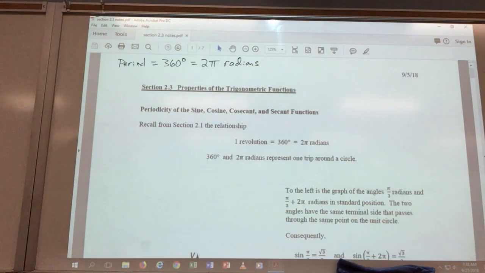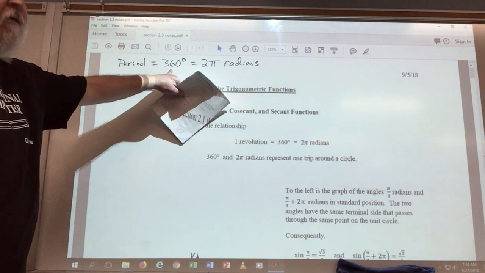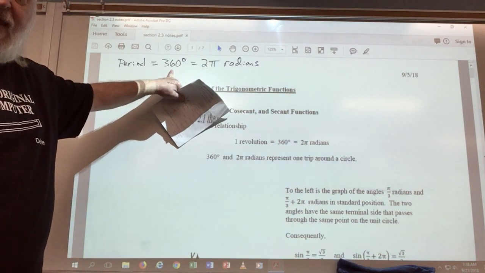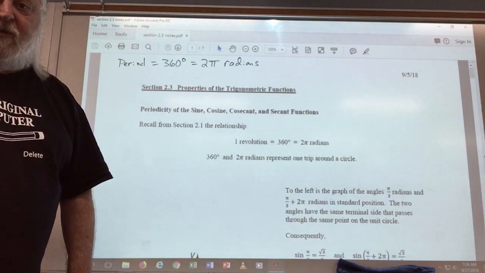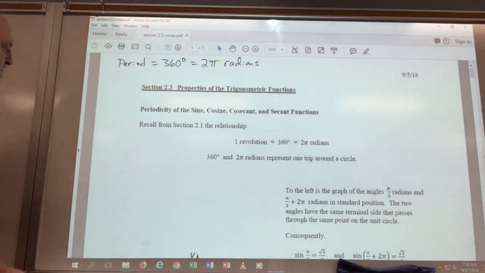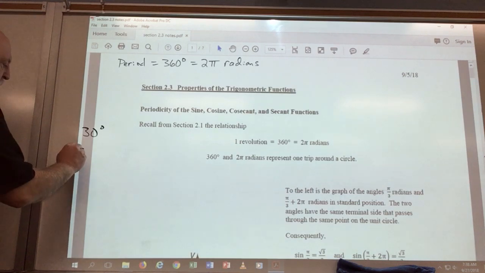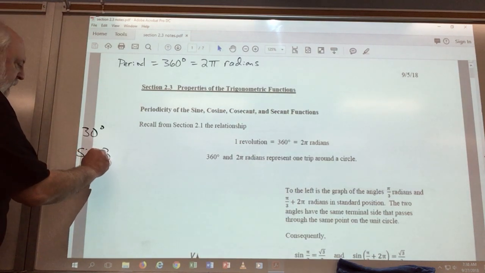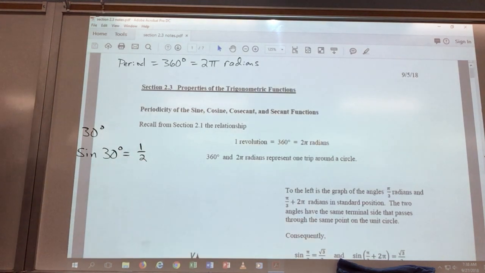What that basically means is if I add 360 degrees to an angle, that doesn't change the value of the trigonometric function. As an example, you're familiar with the angle of 30 degrees. You know from the unit circle that the sine of 30 degrees is equal to 1/2.